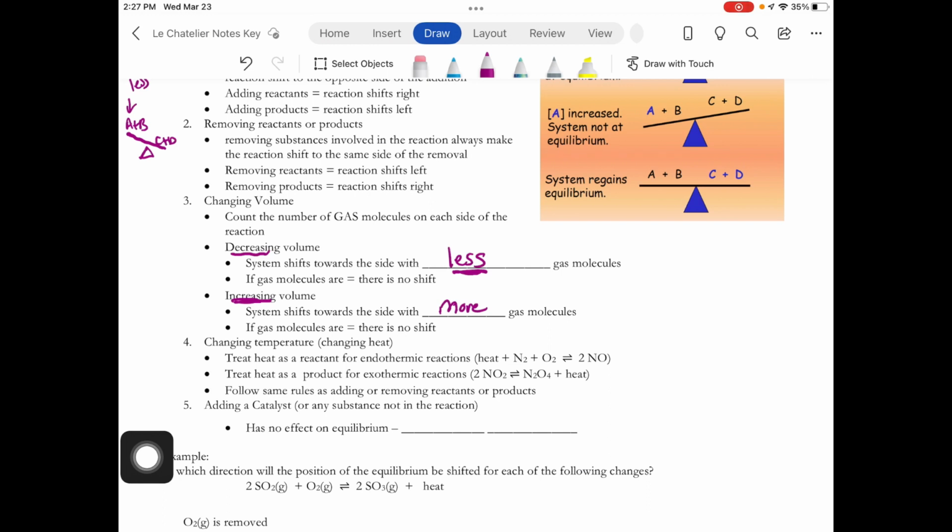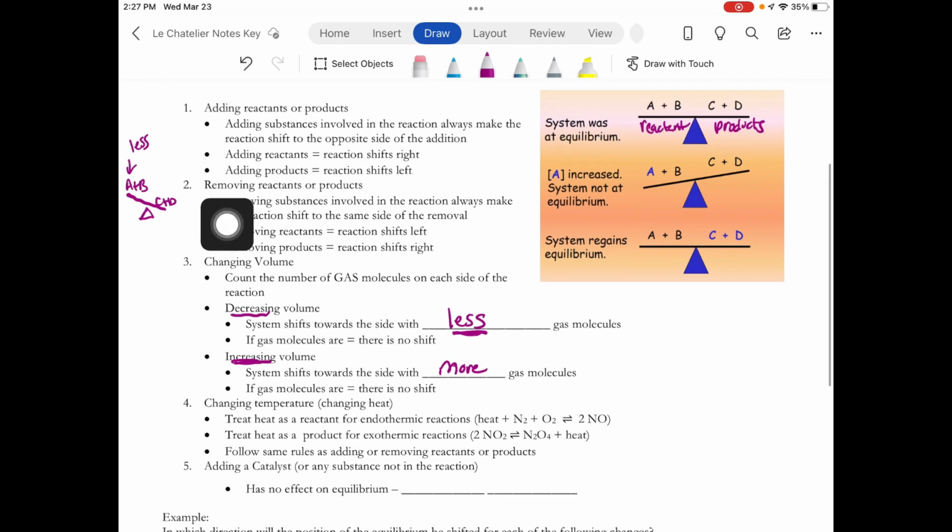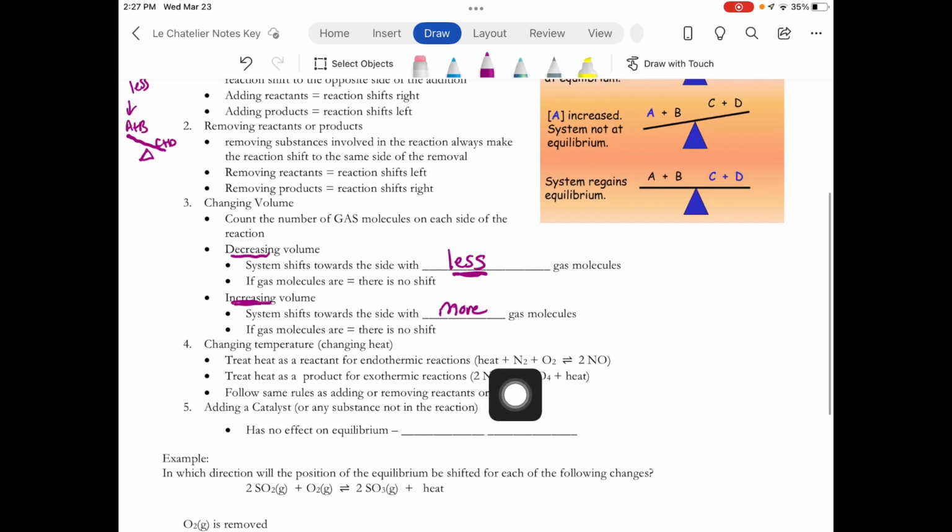Changing the temperature, so changing heat. Treat heat as a reactant for endothermic reactions, and then follow your adding or removing rules from above. Remember from last unit, heat is a reactant in endothermic reactions, and heat is a product for exothermic reactions.